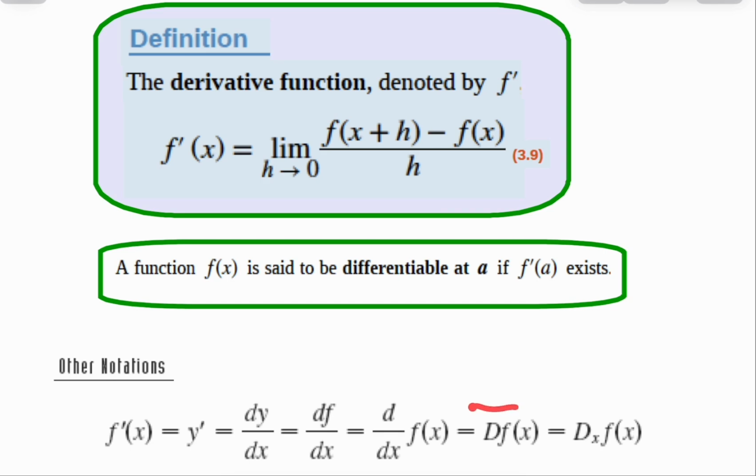And sometimes you'll see this capital D notation, sometimes you'll see the little d notation. Some notations are going to be used more often than others. We're mostly going to use this until we get to something called implicit differentiation, and if we do something called differentials, we would use that dx notation.